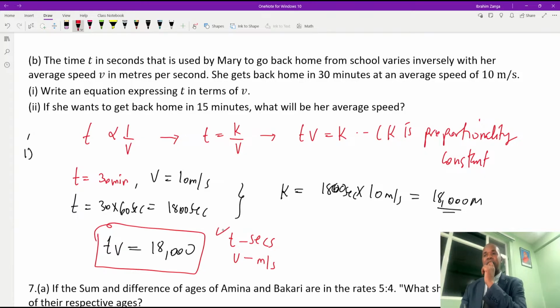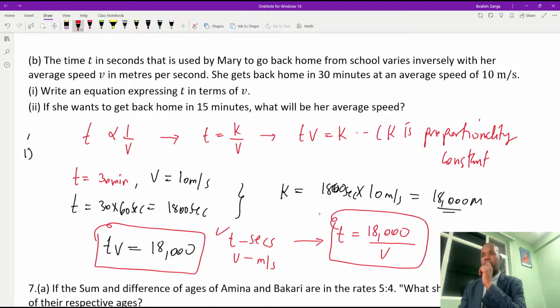But we are to write the equation expressing t in terms of v, so t will be 18,000 divided by v, and this is the final way of expressing or attempting part 1.